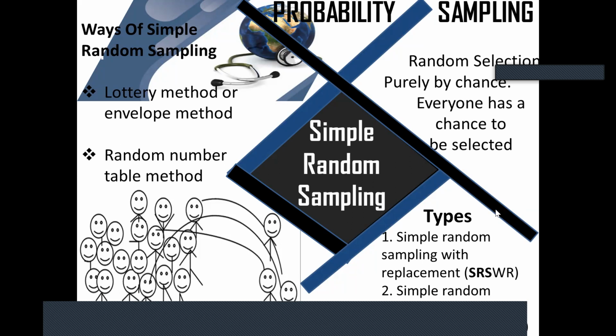Types of simple random sampling: you are either going to do simple random sampling with replacement or without replacement. With replacement, I can give an example of when you're picking papers of participants from a basket and then returning them back. So there is a probability that you may pick one participant twice, okay? So that is with replacement. Without replacement is you pick and you're not returning that paper back into the basket, okay?